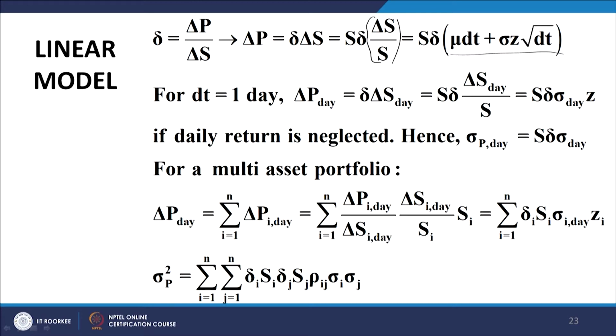Then we have delta p per day, and if you are ignoring this mu term because of its smallness, we have simply S into delta into sigma per day into Z, and this under root dt becomes 1 because you are talking about 1 day, and sigma becomes sigma per day. Dt is 1, root dt is 1.